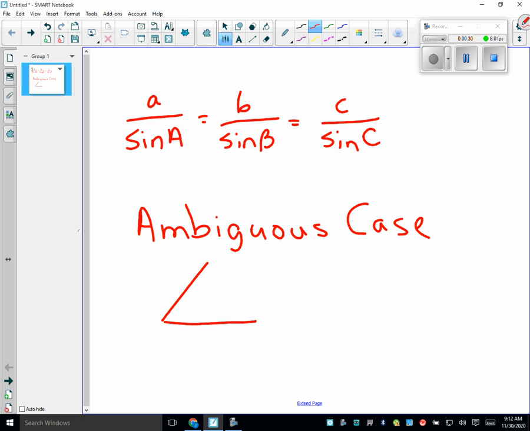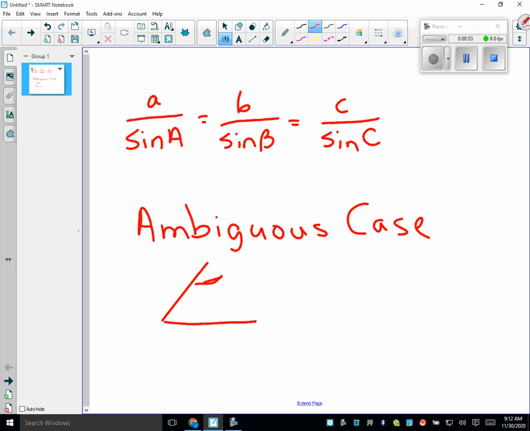And the angle, let's see, which angle would we be given? We might be given this angle. The bottom line is, lots of things can happen.